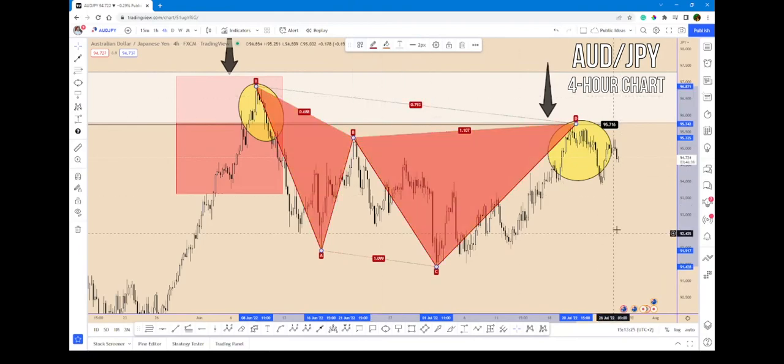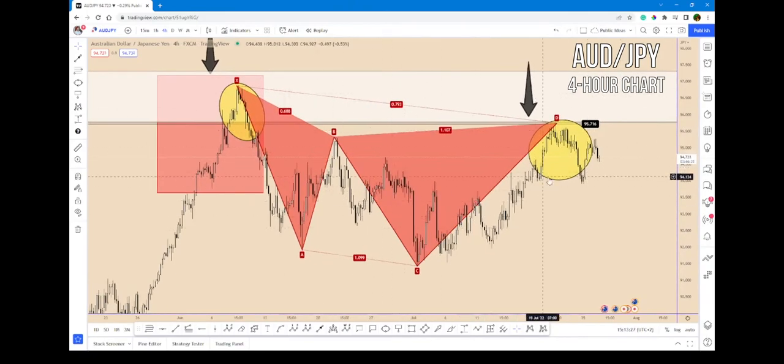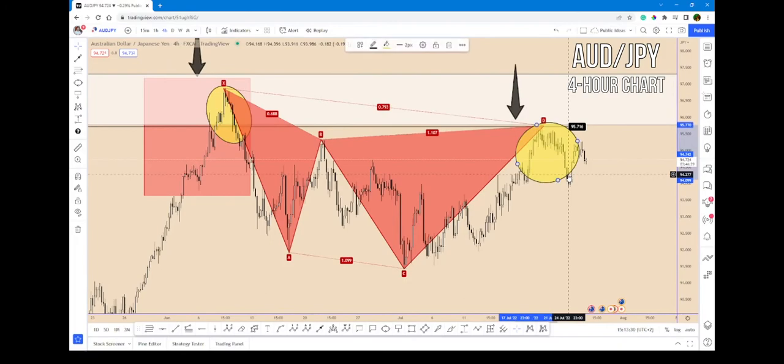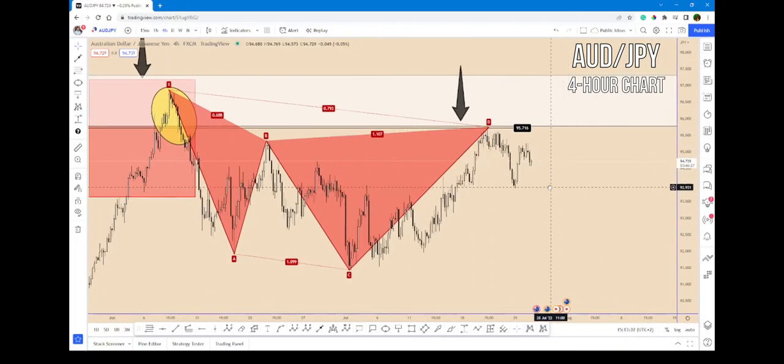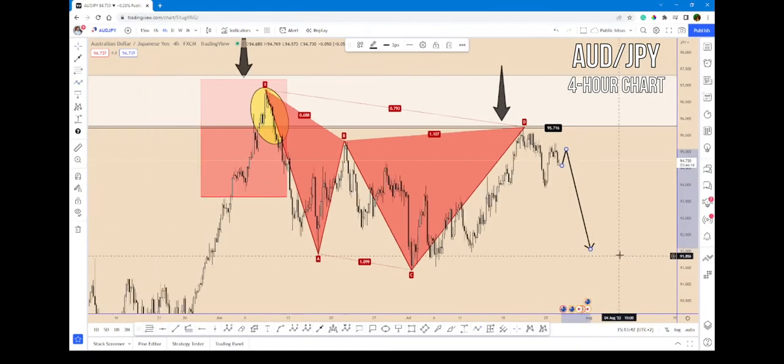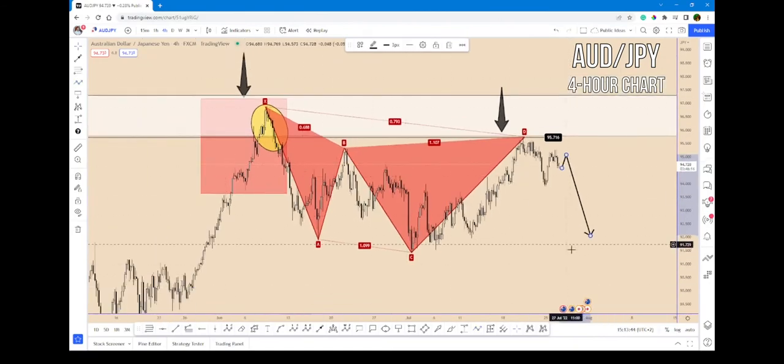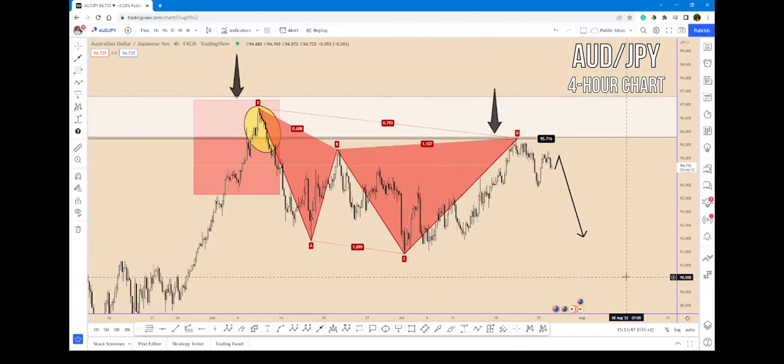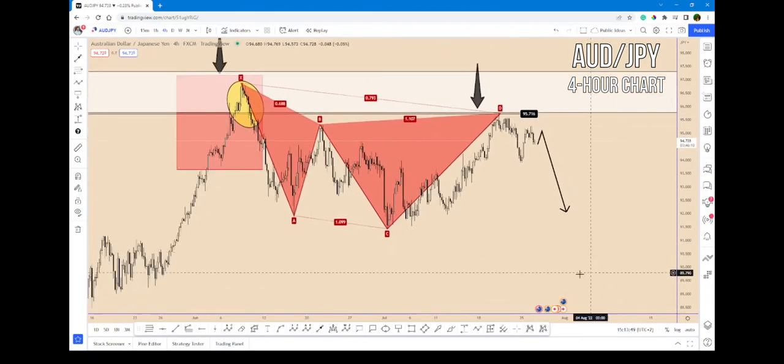Price created this type of pattern. The price reaction is very good as well, as we can see. And what we are expecting from this moment is that even if the price is going to make any small bullish movement, it should continue moving lower. So this is the basic thing that I'm looking at for our pattern.